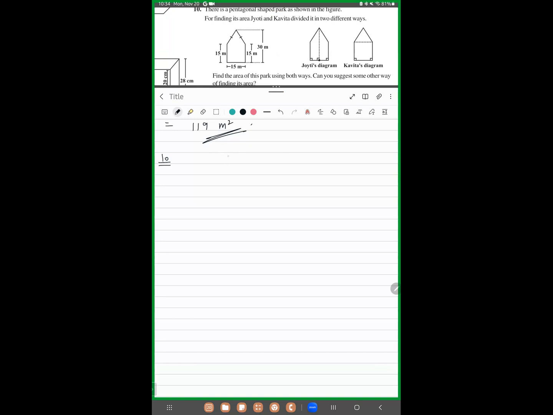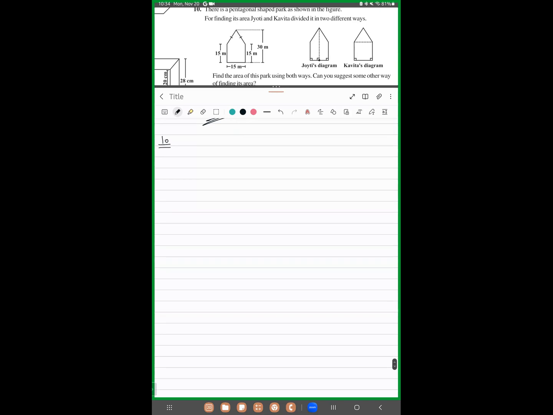What are the two shapes that are being formed in Jyoti's diagram? It is a trapezium. Yeah, it's a trapezium. And what about Kavita's diagram? Triangle and square. Is it a square? Yeah, it's a square.